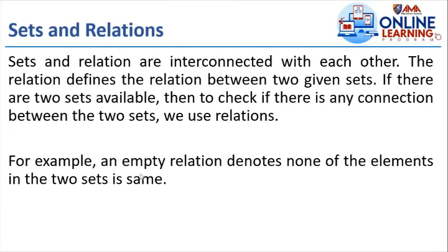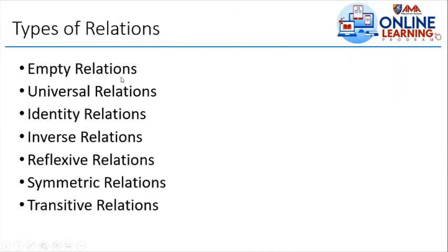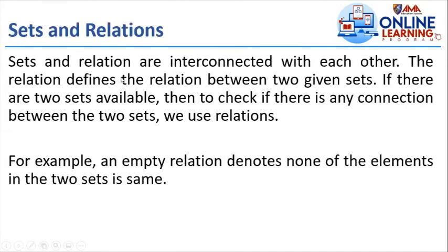For example, an empty relation denotes that none of the elements in the two sets is the same. One of the types of relation is the empty relation. So there is really no element in A, or in x, that is the same as the elements in y, or in set B.